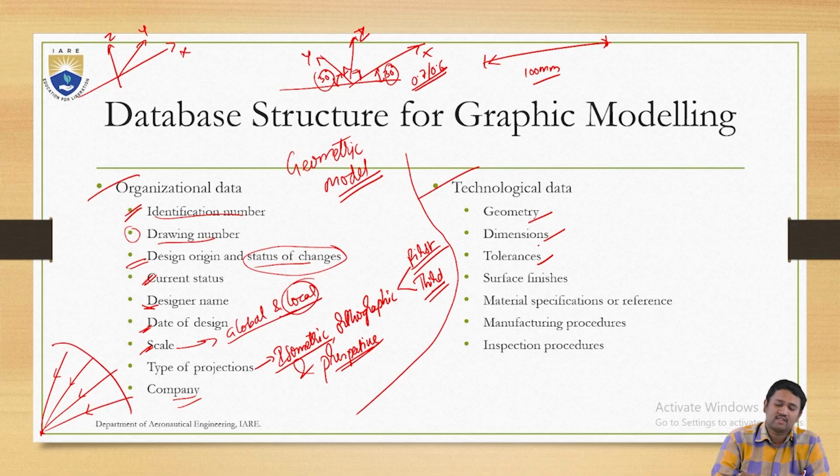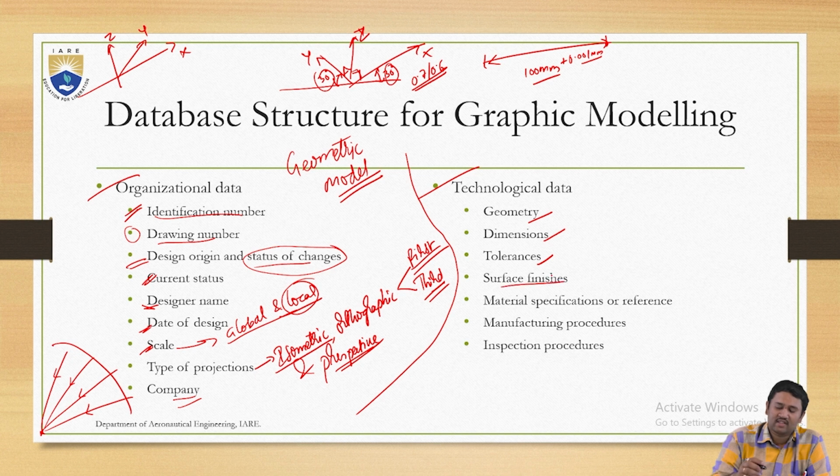Next are your tolerances. What is the tolerance value? It is basically a small acceptable value through which an object can deviate while manufacturing. Let's say if it's 100 mm, you can go for 0.001 mm as an allowance to maintain it correctly during assemblies.